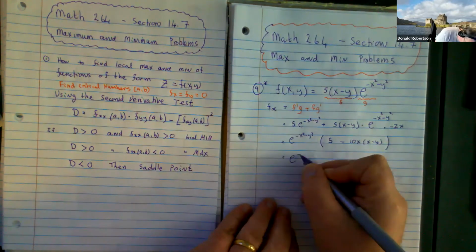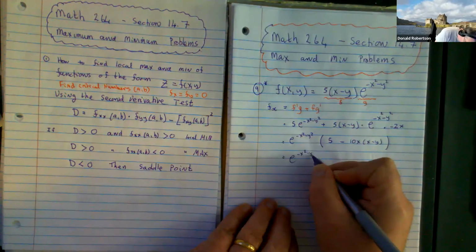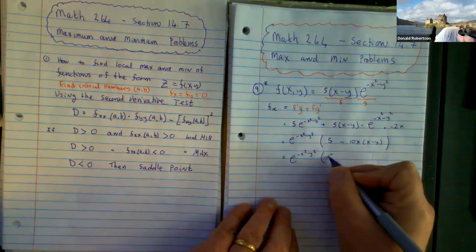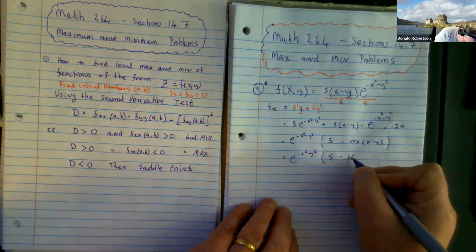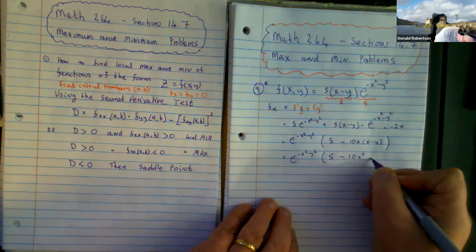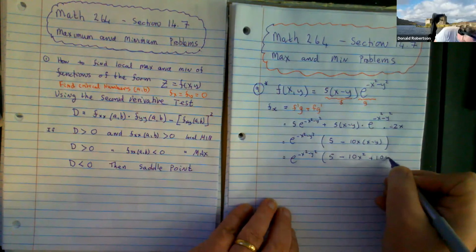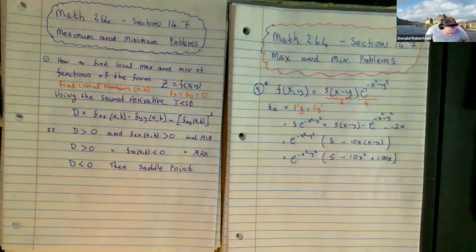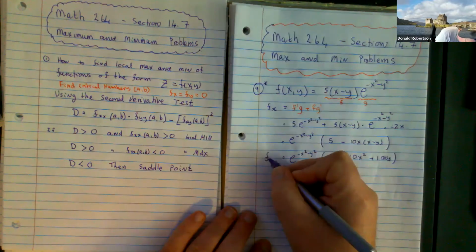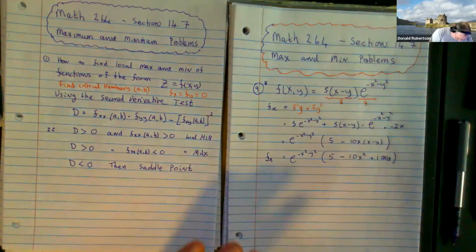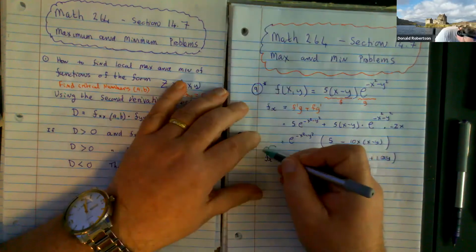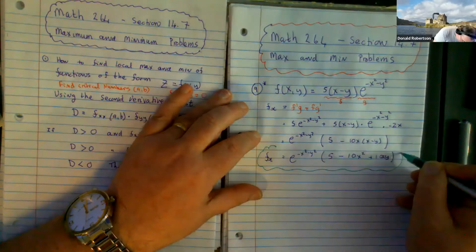And then distribute this and have 5 minus 10x squared plus 10xy. Big bubble around it so I can find it again.